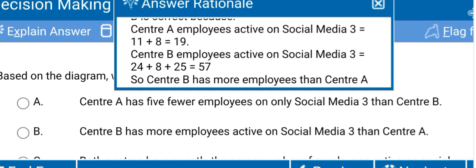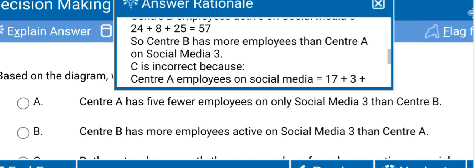So Center B has more employees than Center A on social media 3. So this is the reason we say that option B is the correct option.